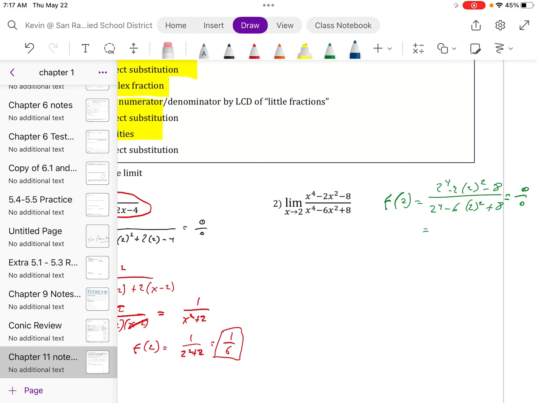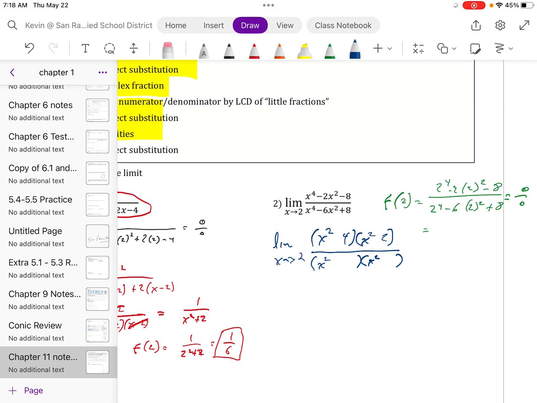So now I have to come in here and I say, okay, we'll take the limit as x approaches 2, and we're going to factor these out. This is where it helps if you know how to factor. This is x squared, x squared, x squared, x squared. This is going to be 4 and 2.